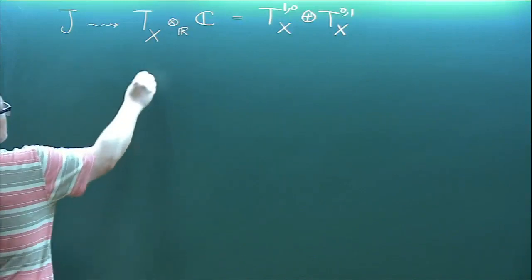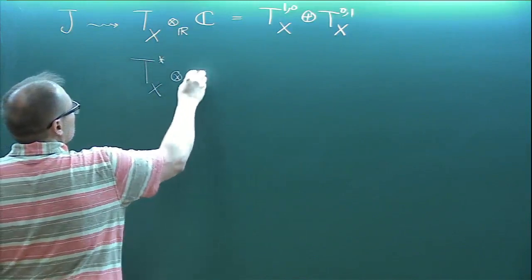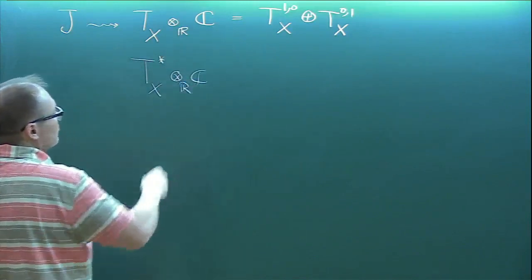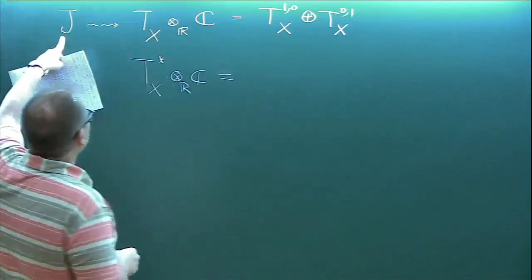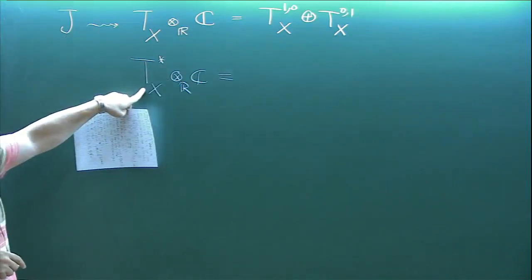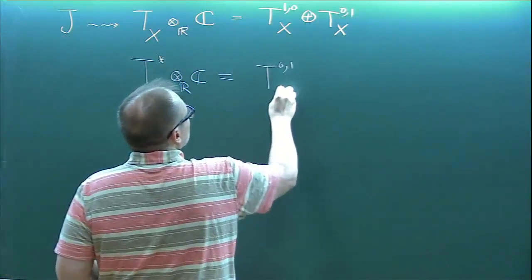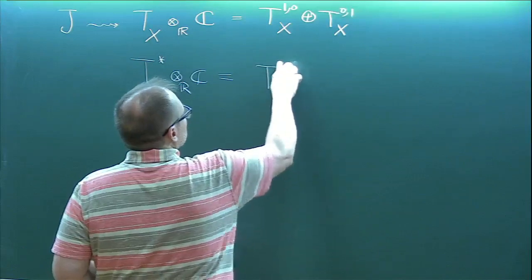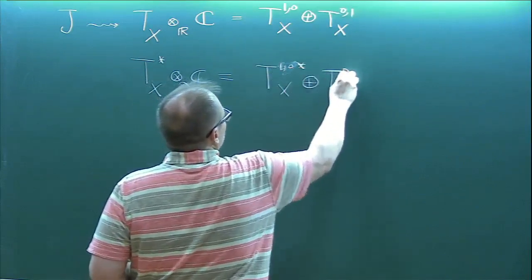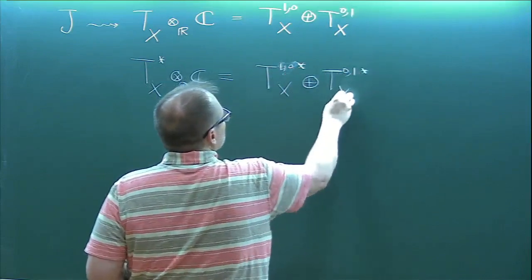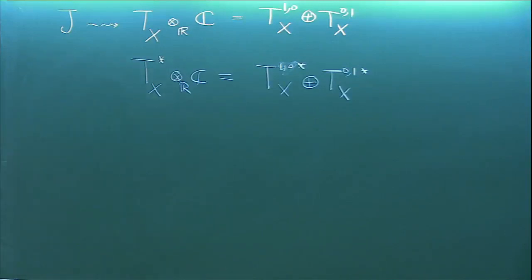Then, of course, you can look at the cotangent bundle, the dual, and look at complex valued things. So this also has a splitting. This J induces a J on here. And so T*X ⊗ C = T^{1,0}* X plus T^{0,1}* X. These are actually dual bundles.